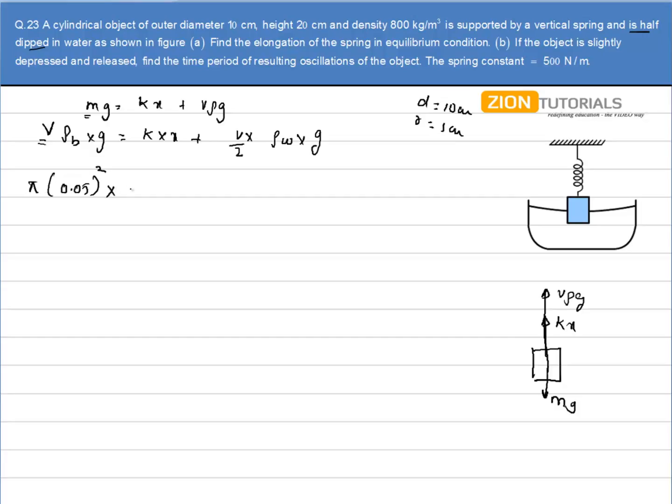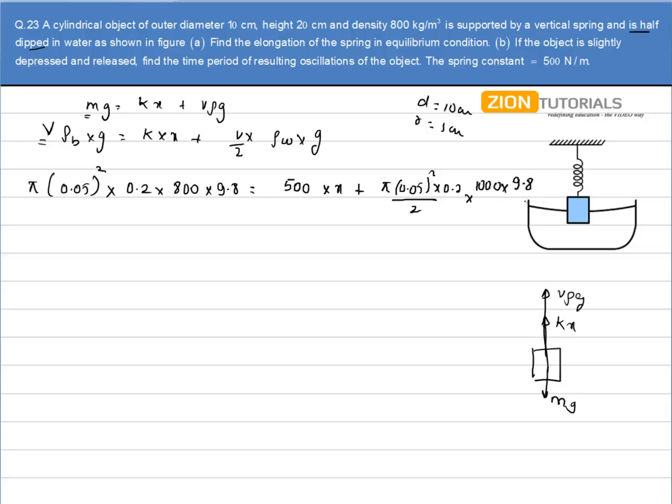Pi r square h, height is 20 centimeter, into rho of block is given as 800 into 9.8 is equal to K, 500, that is the value of K, into x, that is what I have to calculate, plus V by 2, that is again pi into 0.05 whole square into 0.2 by 2 into rho of water, that is given as 1000, into g.